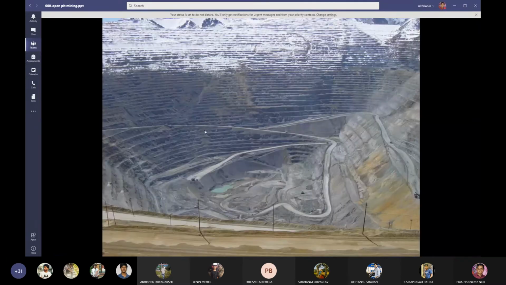Okay. So this is a very big open pit mine. You see the bigness. These are the haul roads and these are the benches.